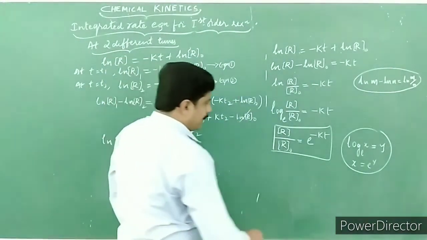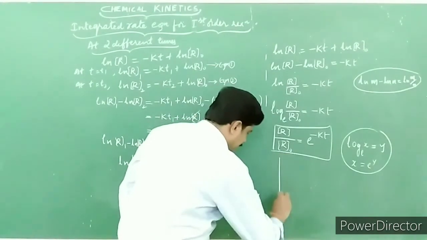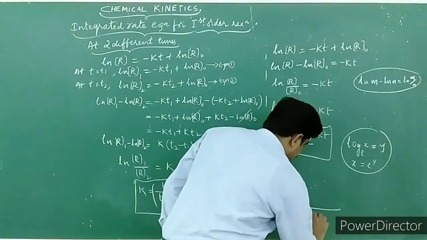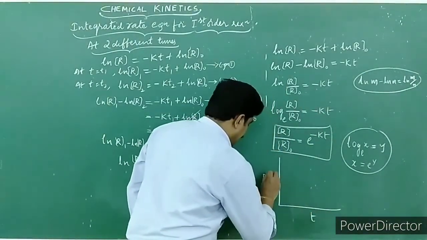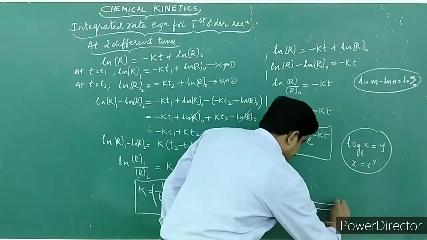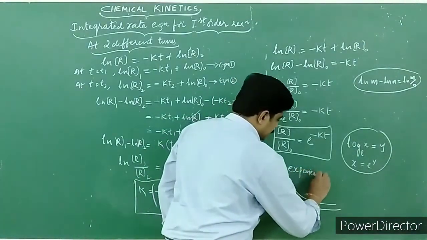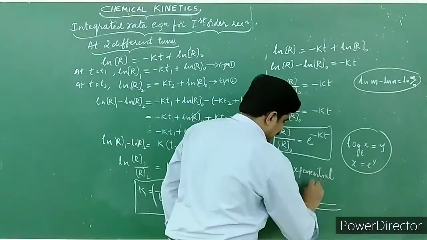Children, remember, if I plot a graph of concentration versus time, I am going to get a curve like this. It's called an exponential curve.